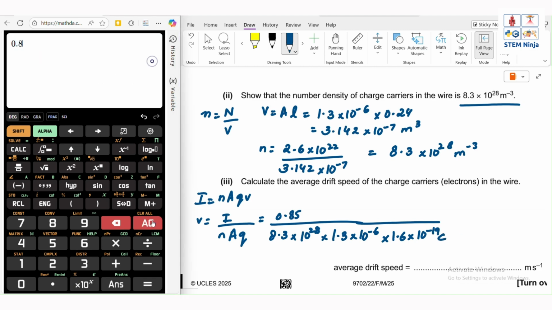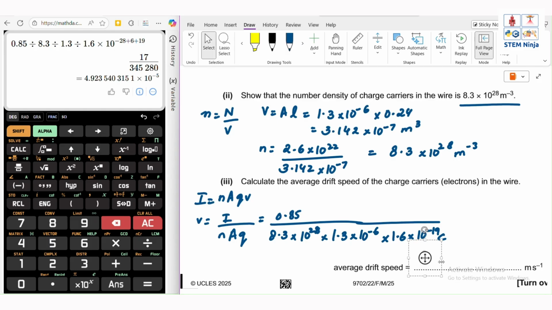So 0.85 divided by 8.3, divided by 1.3, divided by 1.6, times 10^(-28+6+19). So we get 4.9 × 10^-5.